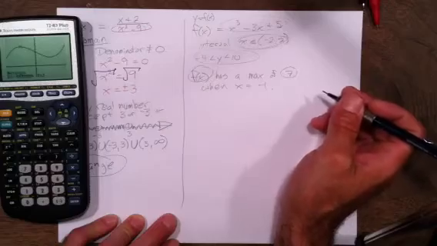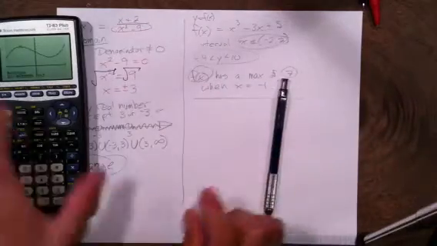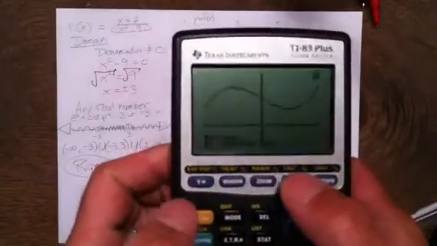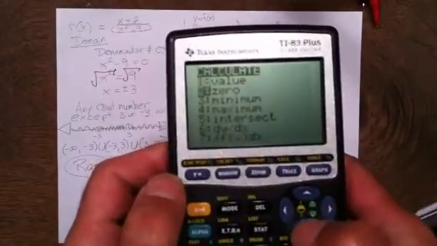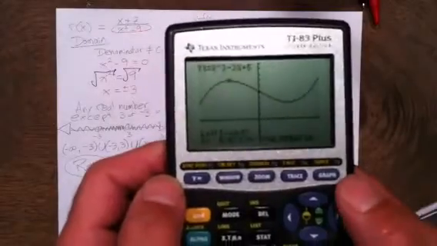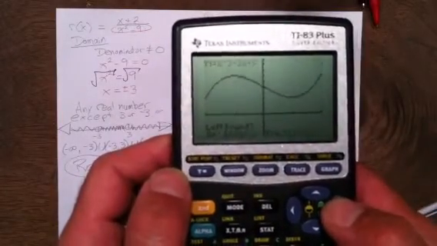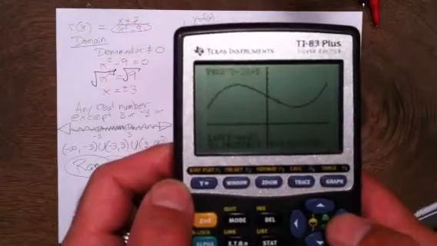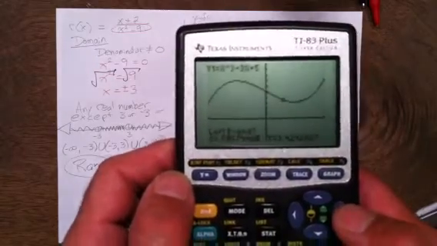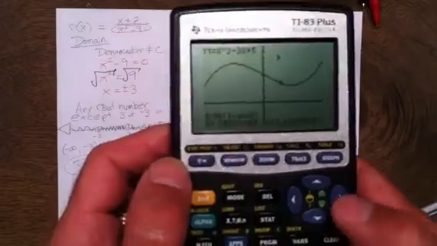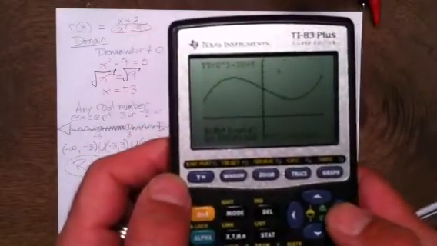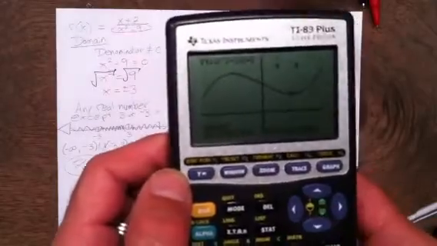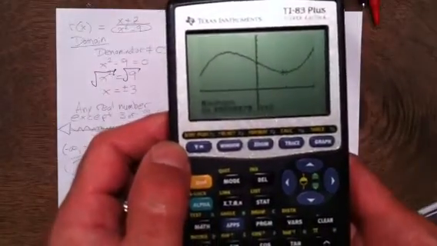Okay, and then for the min, we just repeat that for the minimum. So second calc, minimum, tracing over to the left, out there, good enough, and to the right, and then near the middle, or near the min.